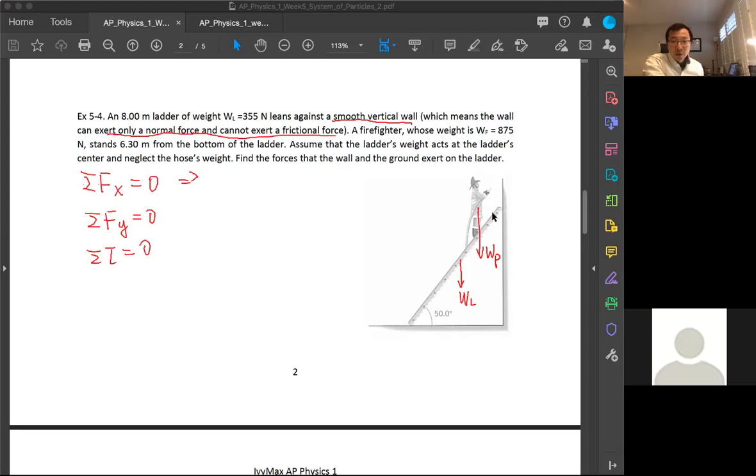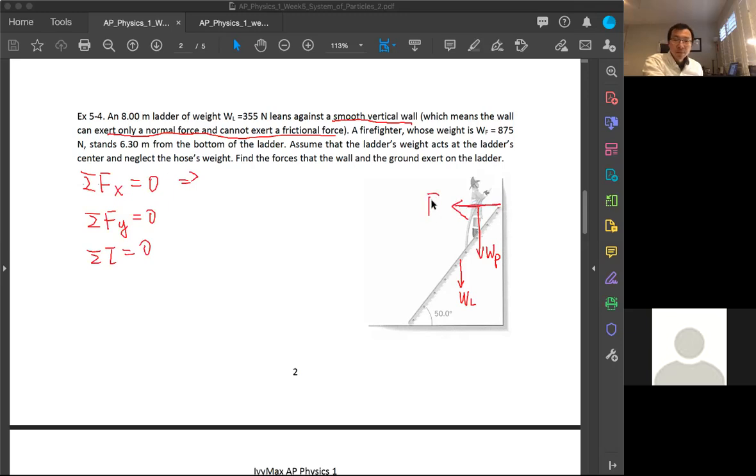So between the top of the ladder and the vertical wall, there should be a normal force. What's the direction of that normal force? Normal force is always perpendicular to the surface, right? The surface is the vertical wall, which means your normal force has to be horizontal, pointing to the left.